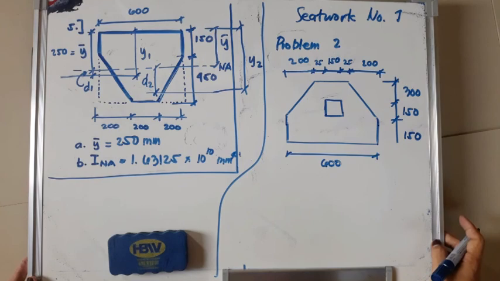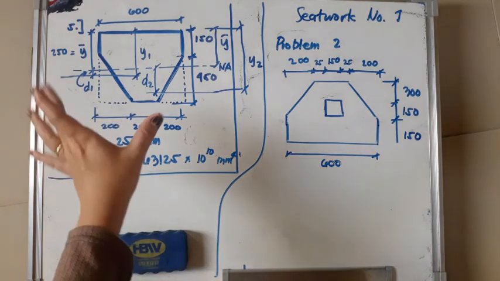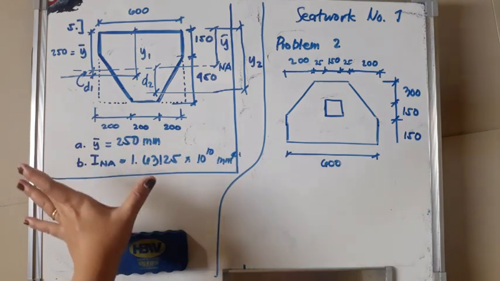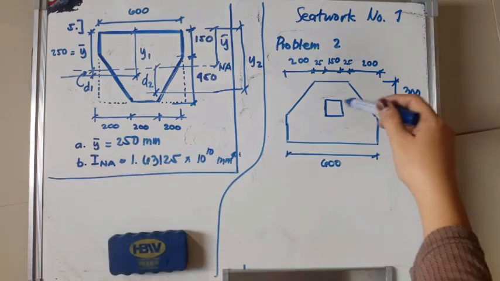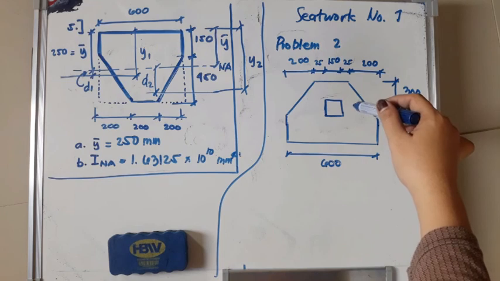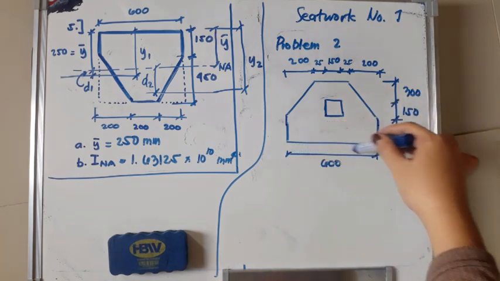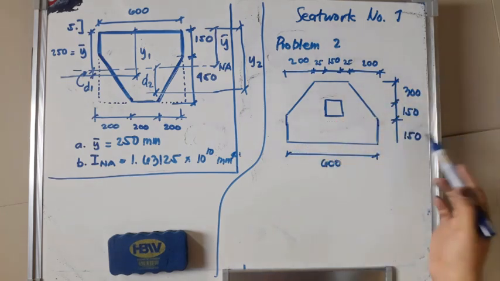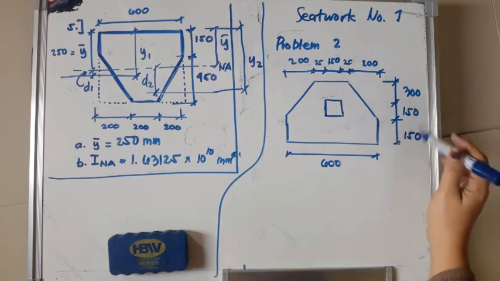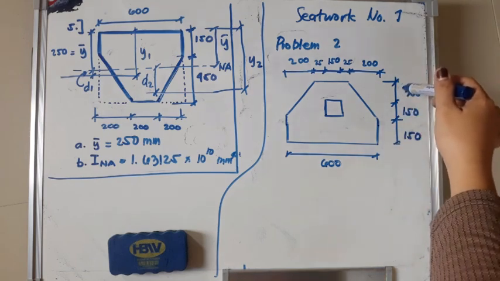Okay, so this is your problem number 2 for seat work number 1. So same section but inverted, and it has a square hole here. Okay, so this is 600. So this is 150, 150, then 300.